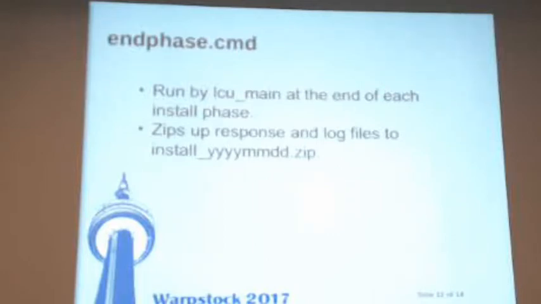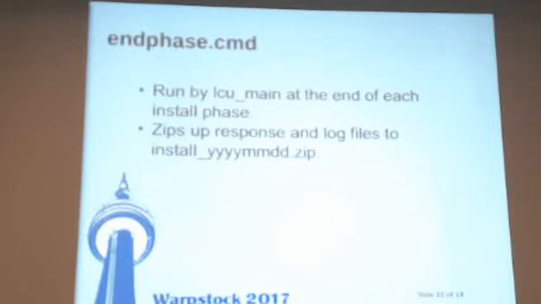If the install aborts, you do get the zip file. It's just called install_abend.zip. I'm sorry, that's not coming through clearly. If the install aborts, then the zip file will be named install_abend.zip.